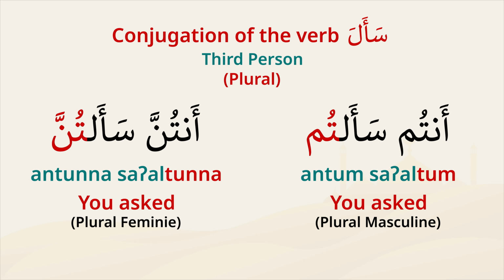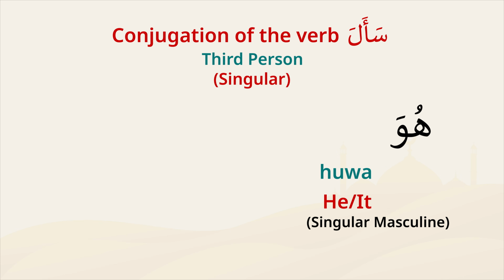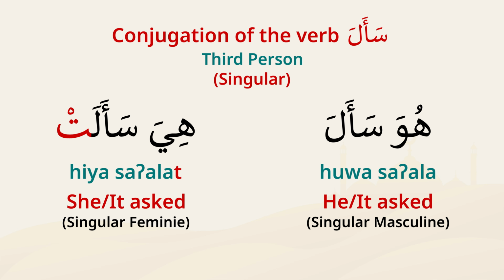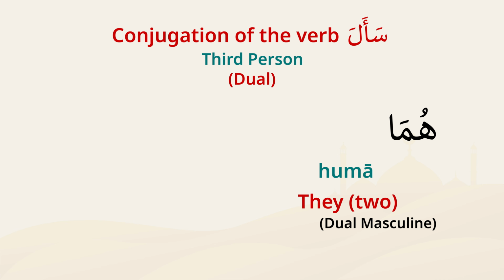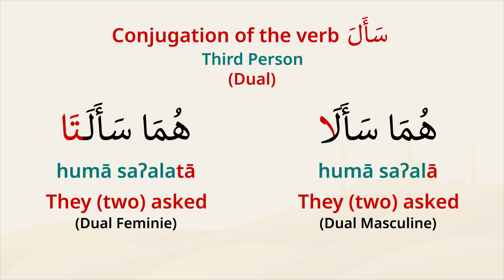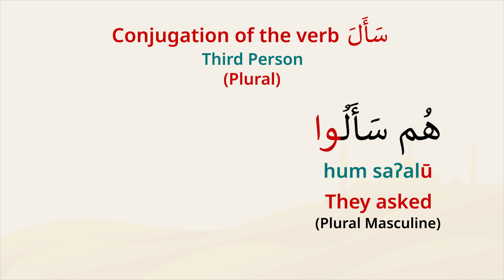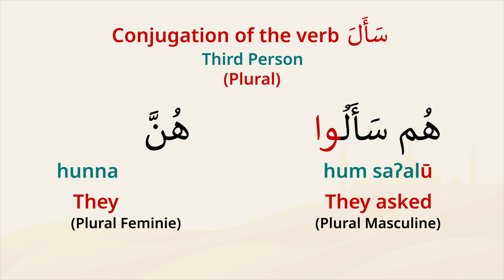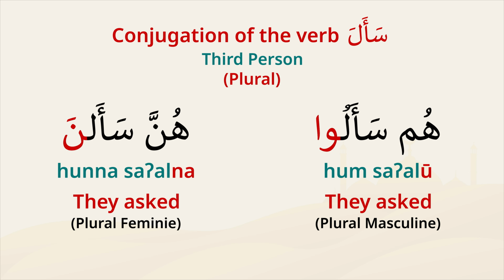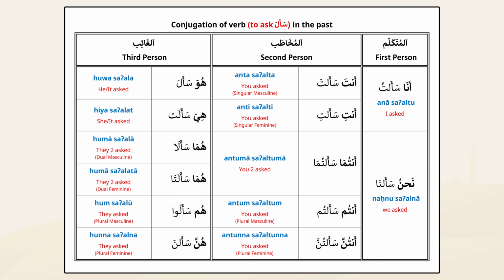And for third person, هو سأل, هي سألت, هما سألا, هما سألتا, هم سألوا, and هن سألن. Here is a complete table of this verb.